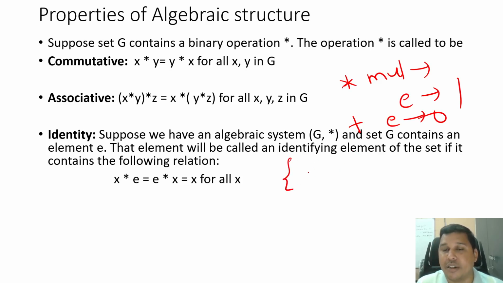Why? Let us take a set X = {3, 2, 1}. I will take any random element from this, say 2, over the operation multiplication.